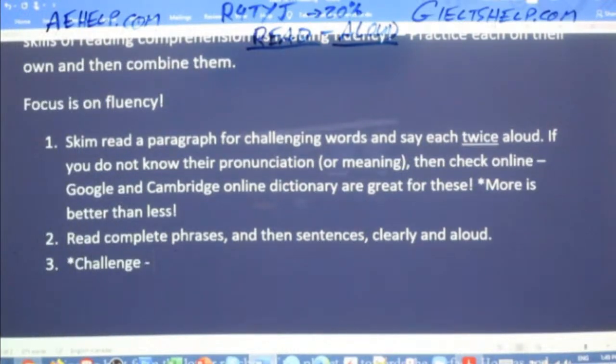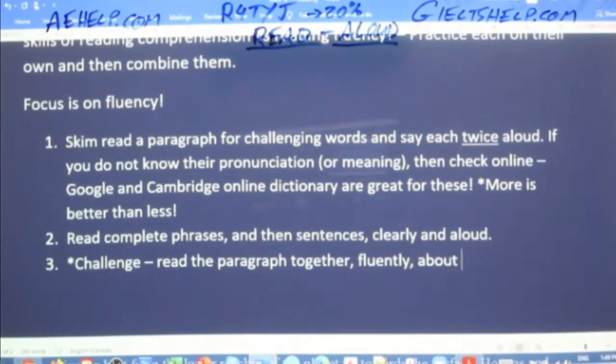Okay, read the paragraph together fluently about 30% faster than you think you can.